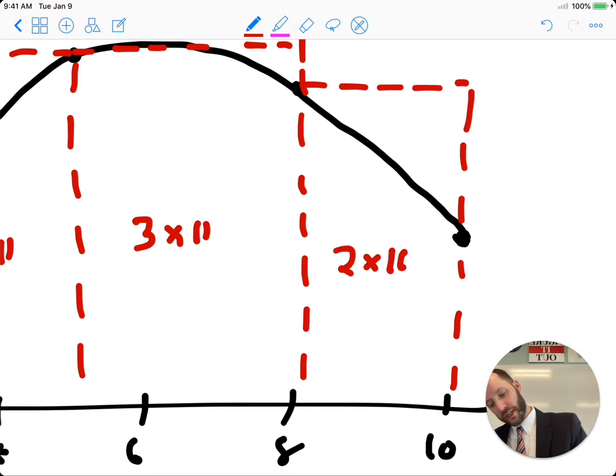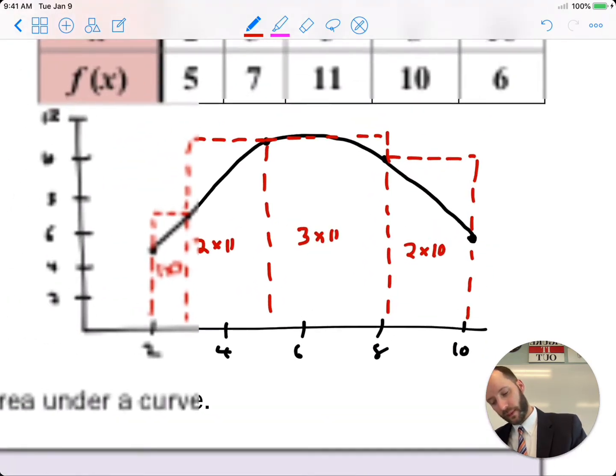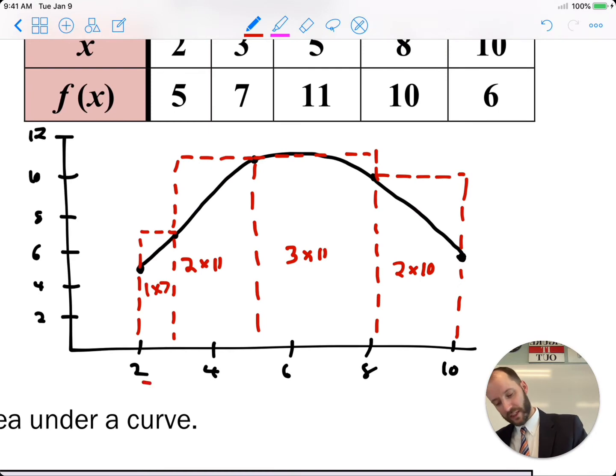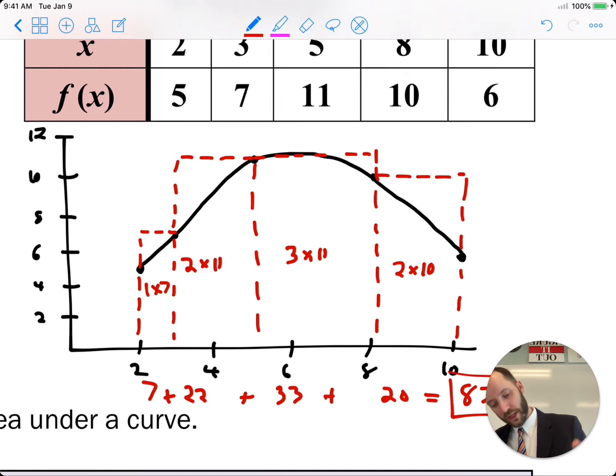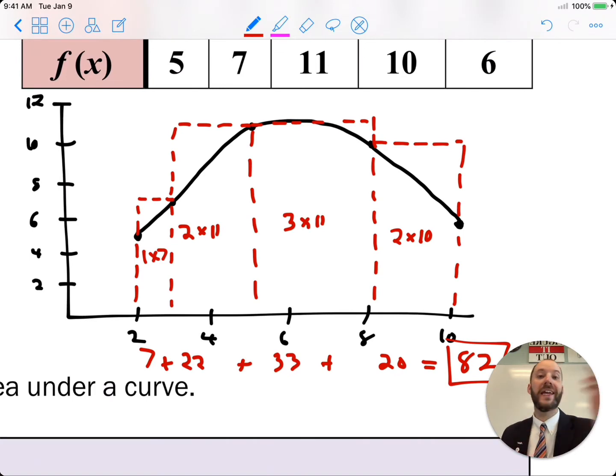So 2 by 10. So 1 by 7 is 7, 2 by 11 is 22, 3 by 11 is 33, 2 by 10 is 20. Add all those up and you get an upper sum approximation of 82. Okay, so no calculus required.